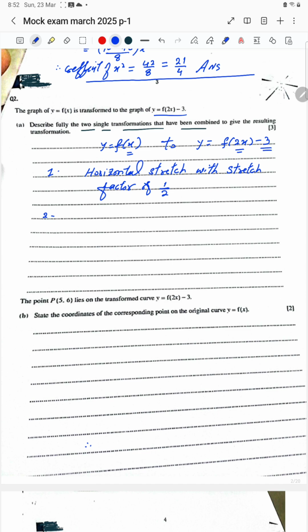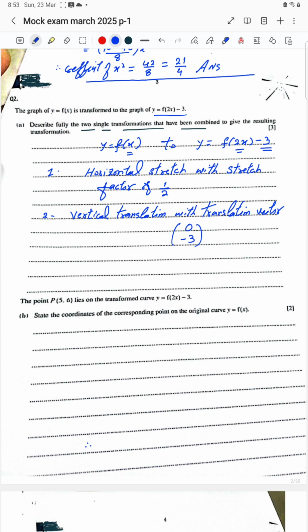the minus 3, which is going to be subtracted from outside the function, so this is a translation. What type? Vertical translation with translation vector 0, no longer horizontal, and -3, because minus 3 means it goes vertically downward.